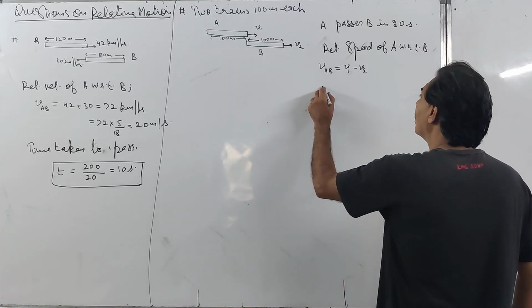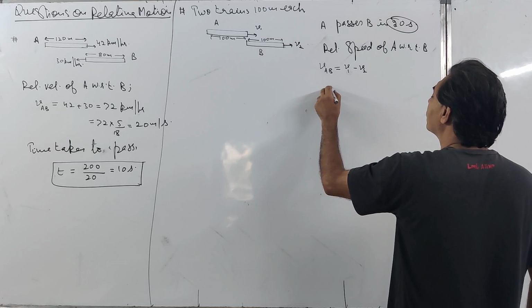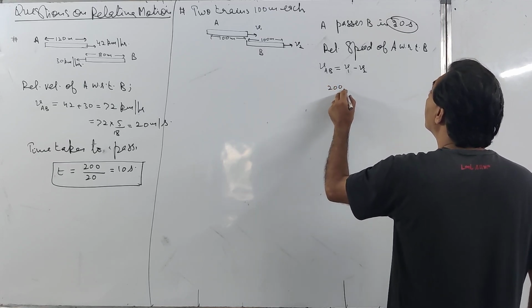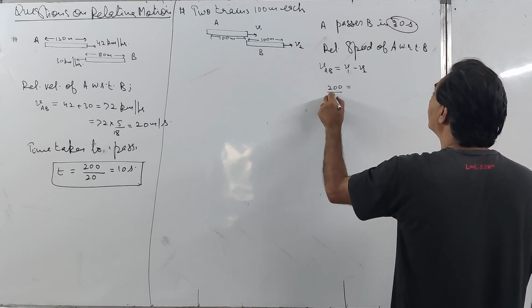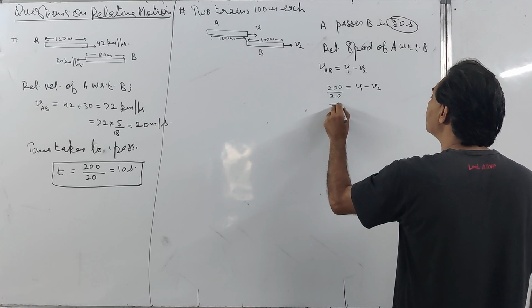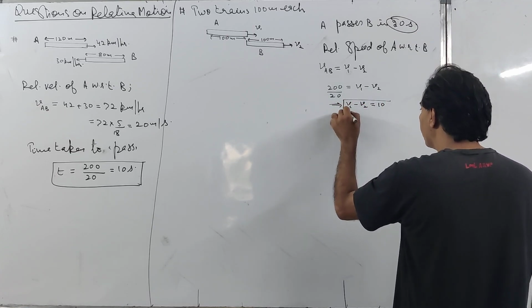Time taken to cross is 20 seconds. So distance is 200 over 20 is equal to V1 minus V2, which gives me V1 minus V2 equal to 10.